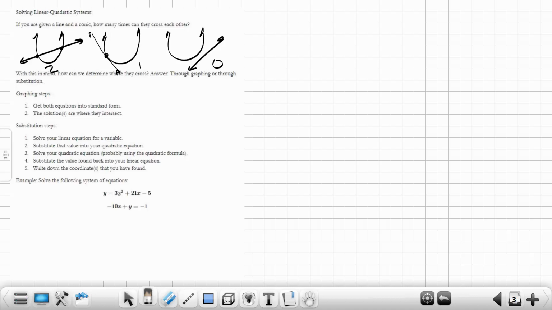What's the standard equation of a line, Martina? Florian? Tim? Standard equation of a line. If it's squared, it's not a line.